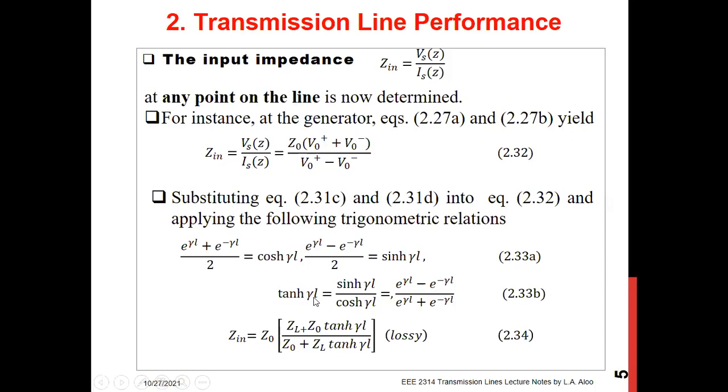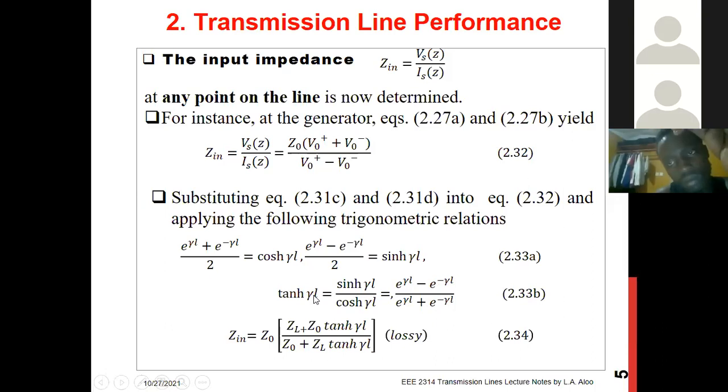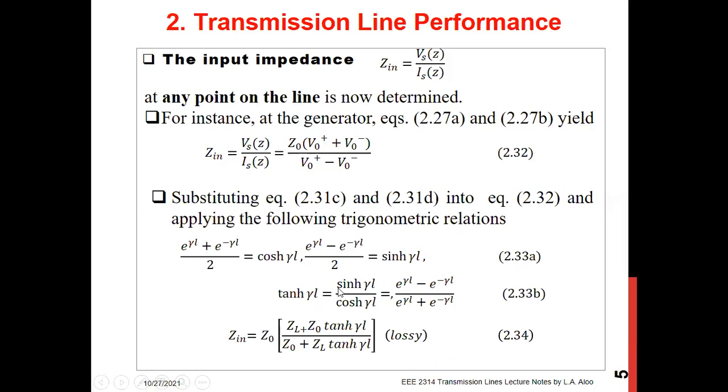Tan hyperbolic gamma L is exponential gamma L minus exponential negative gamma L over exponential gamma L plus exponential negative gamma L. But if you go this route, take tan hyperbolic gamma L given by this relationship.